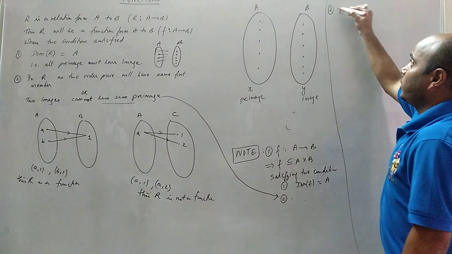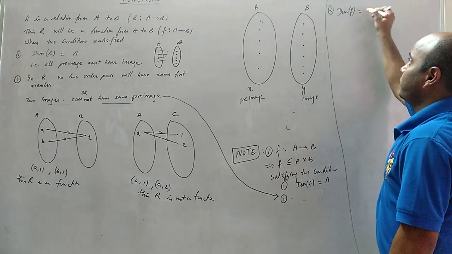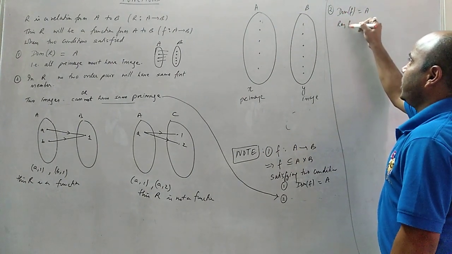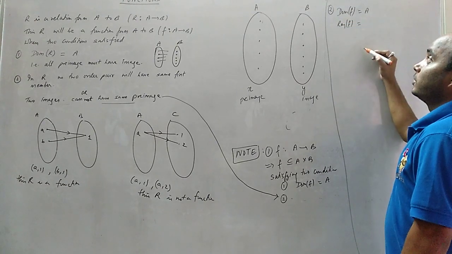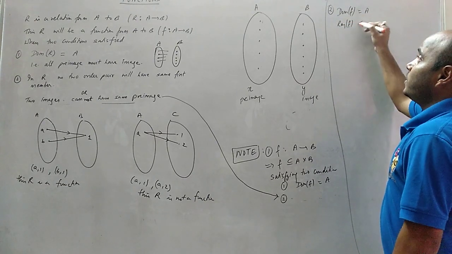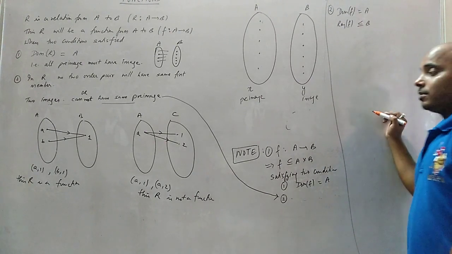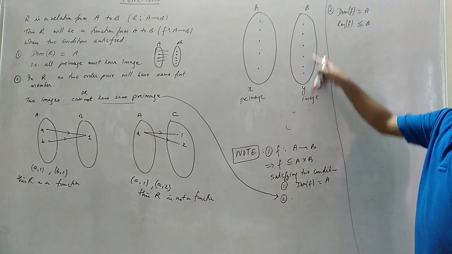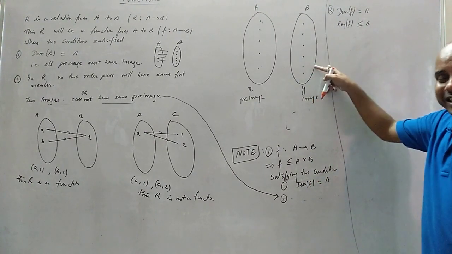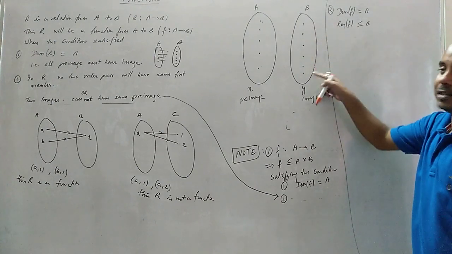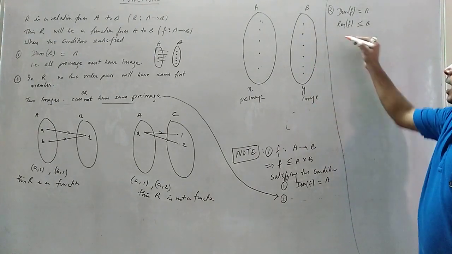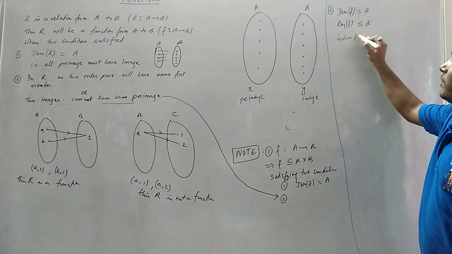Second point, what is domain of f? First set. What is range of f? Range of f will be subset of second set. Second set का या तो subset होगा, few elements from second set, or the whole second set. Both can be possible. And what is codomain of f?